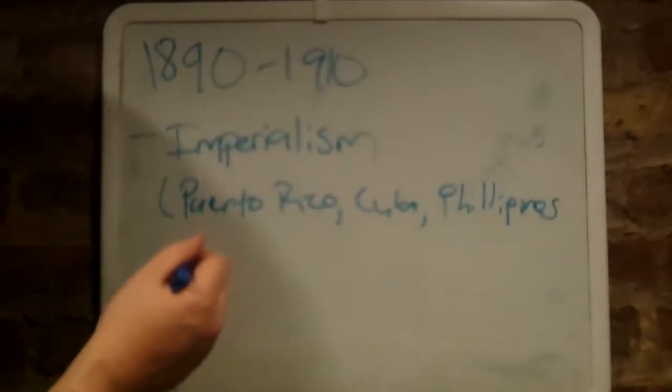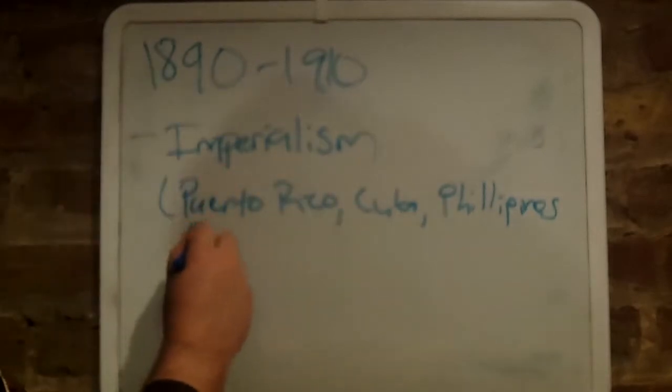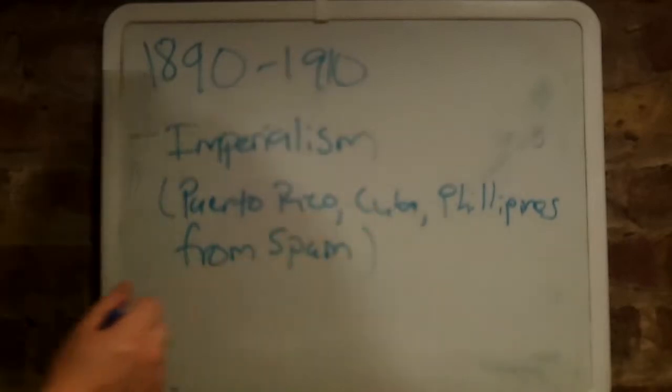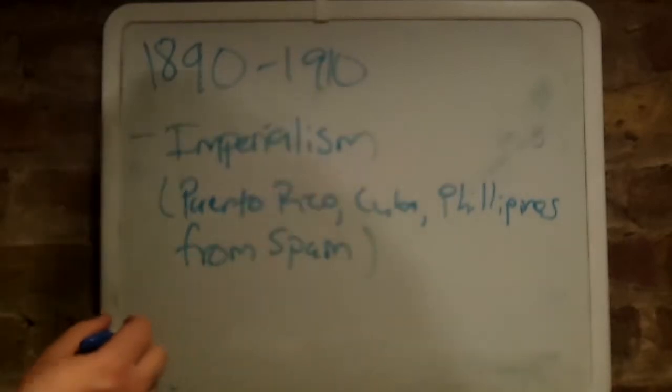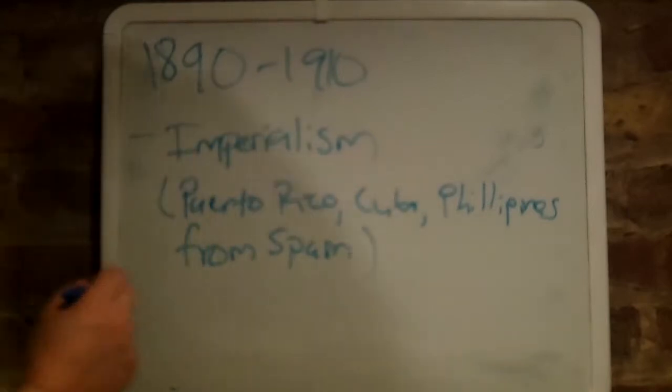Cuba and the Philippines later gained their independence, but Puerto Rico is still a U.S. territory. And even then, the U.S. exerted quite a bit of influence over Cuba and the Philippines during the next 50-odd years or so.